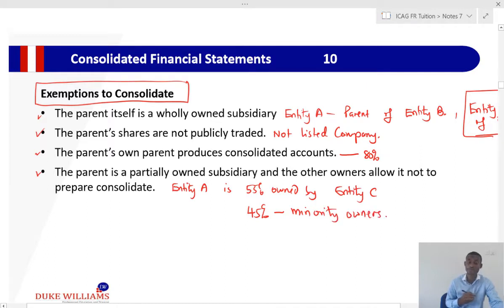The minority owners agree that entity A should not consolidate B because at the end of the day, all will rest on the entity C to consolidate all of them. So please ensure you understand these exemptions that are applicable for the parent not to consolidate, or where the parent can apply these exemptions.